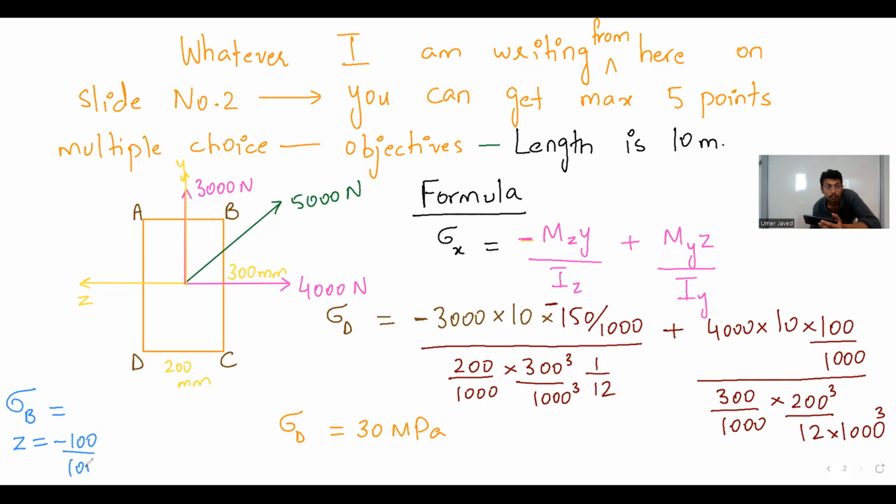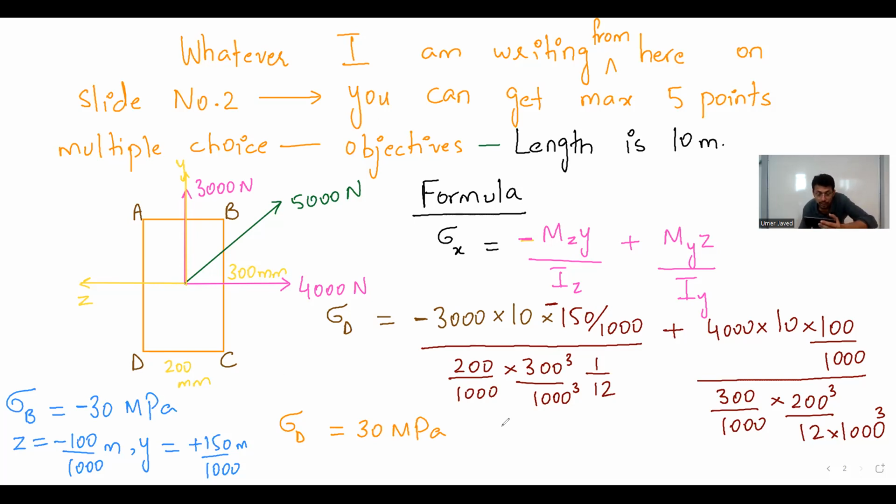Correct? Okay, and what about the value of Y? Y will be positive 150, right? So negative 100 by 1000 and positive 150 by 1000 will be the values. So you will get stress B as negative 30 megapascal. Can you please double check yourself? Thank you. Appreciate it.